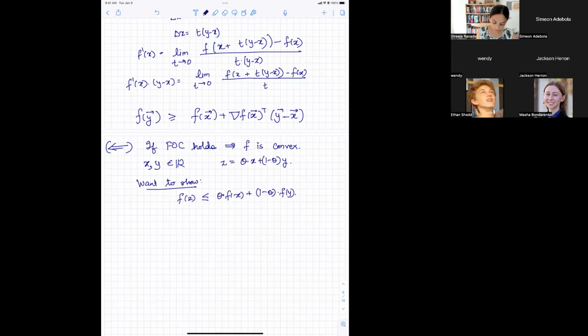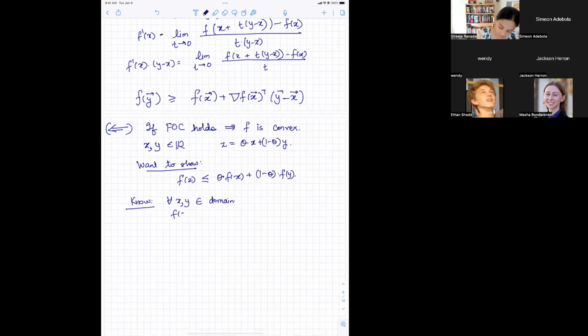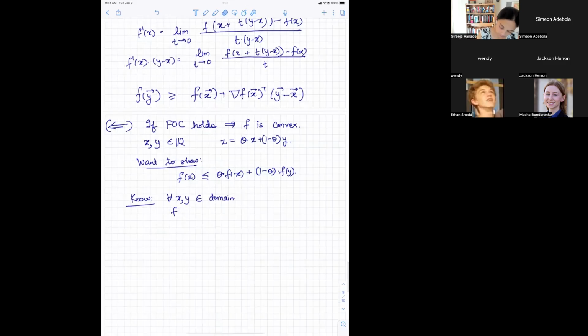And what I know is that the first order condition holds. So I know that for every x comma y that belong to the domain, rather, let's write it the way we've been writing it, f of y is greater than or equal to f of x plus gradient of f at x times y minus x, okay?